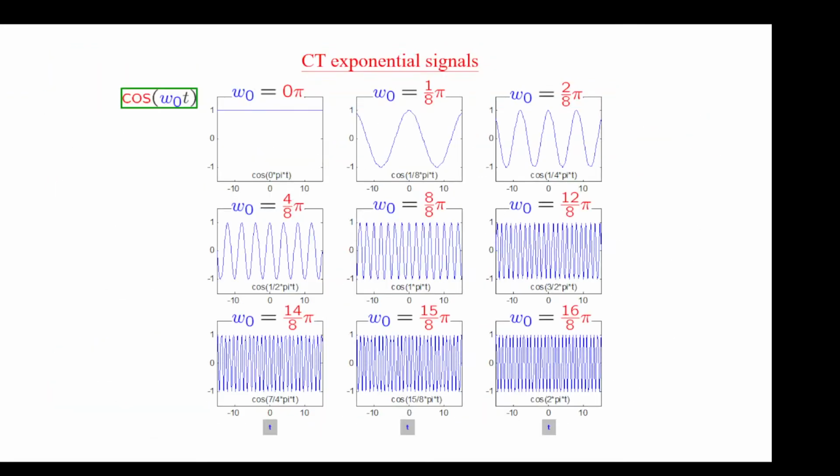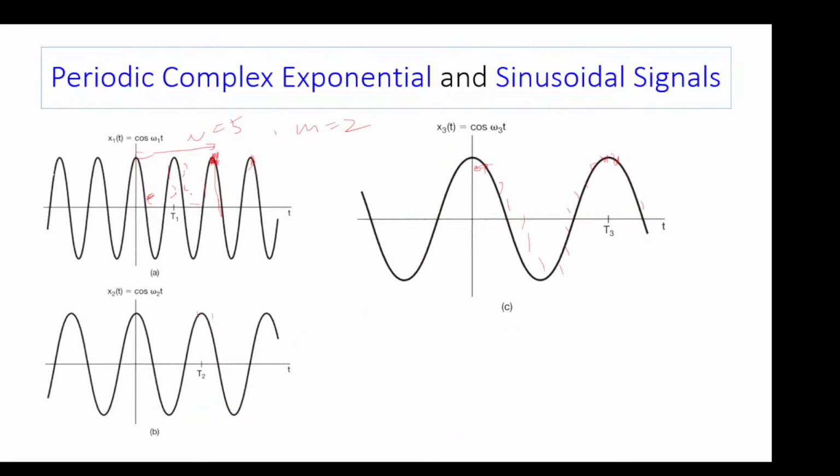Mathematically it is like this. The idea is that you take a sample point. For the continuous signal, you know the period must satisfy e to the j omega t, where you want omega t to be 2 pi for your signal to come back to a period.